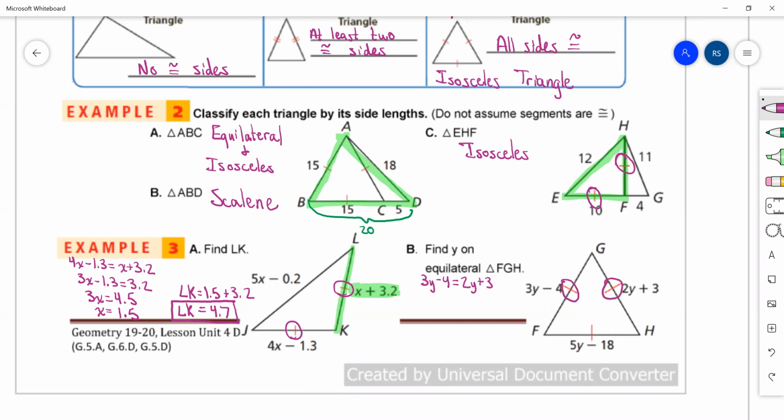So I'll subtract my 2y over and get y minus 4 equals 3. Add 4 and I get y equals 7. That's what it asked us to do. It just said find y. So we found it.